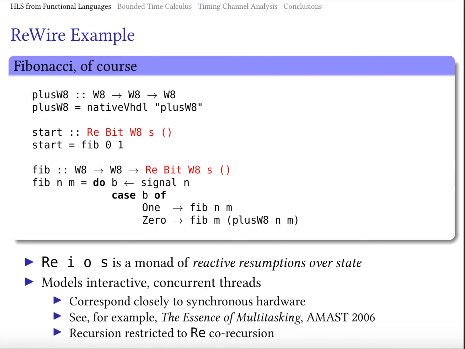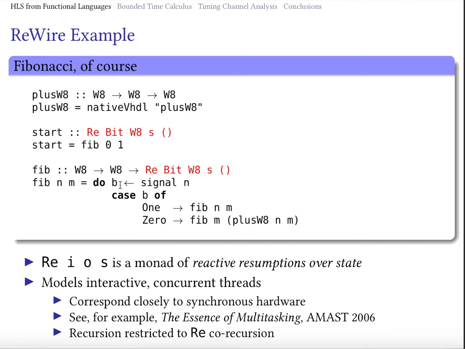So if I'm going to give you an example, obviously I'm going to give you the Fibonacci, right? And so what Fibonacci is, if you look at this blob here, and again, this is just a quick overview. The idea of this code is that it says, look, you give me n and m.